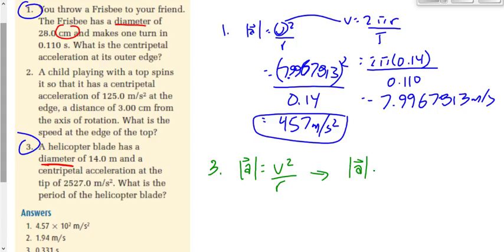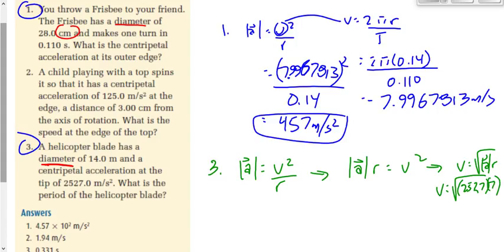a times r is equal to v squared. The r goes up by multiplying, and then v becomes equal to the square root of a times r. Does that make sense? If the r goes up by multiplying, then you have to square root it. So v becomes equal to the square root of 2527 times r, which is, what's r? 7, right?